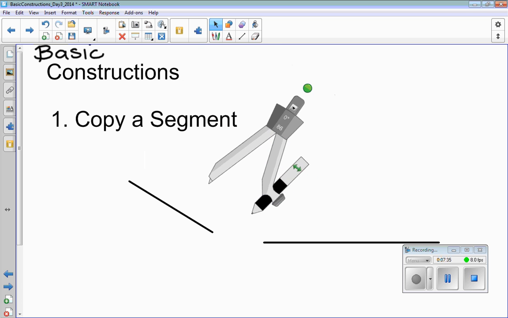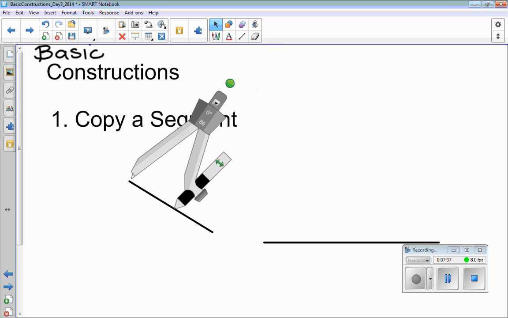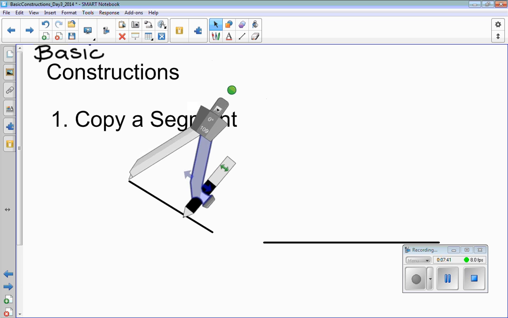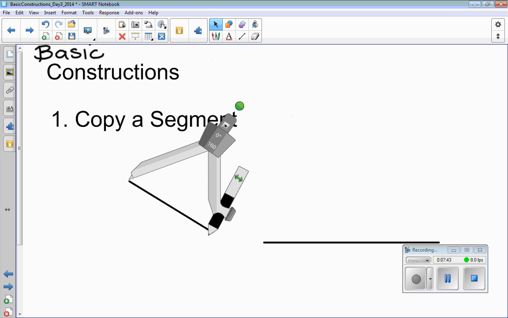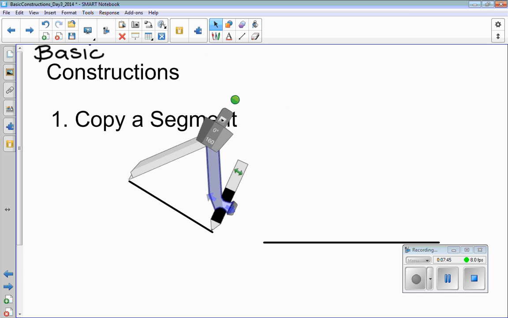There we go. All right, so what I want you to do, if you have a point compass, put the sharp point on one side, and open up the spread of your compass so that it is exactly the length of the segment. Okay? So open up the spread of your compass.